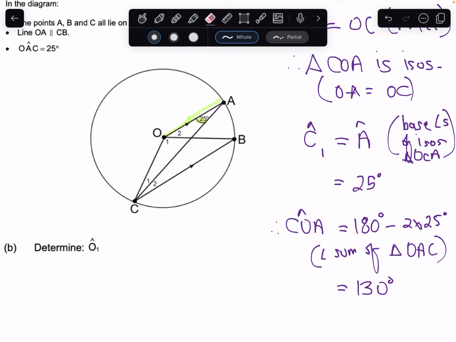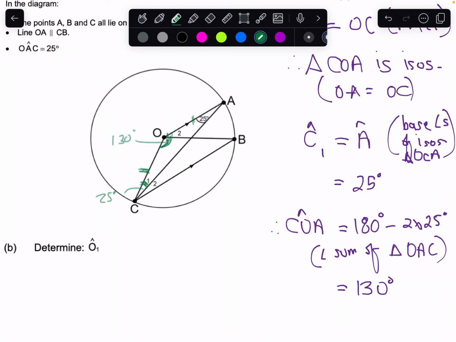Okay, so I'm just going to write down what we've found out so far. So these are equal. This is also 25 degrees, and this whole angle is 130 degrees.